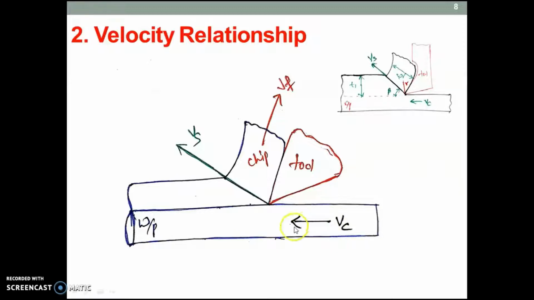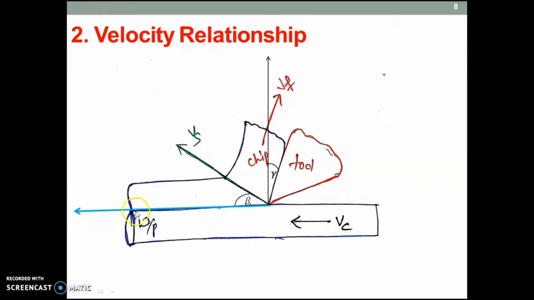So if we want to trace all three velocities to a single point, suppose this is the intersection point, then it looks like this. Before that, just see here gamma, the back rake angle, and beta, your shear angle. Now you want to trace all three velocities into a single point. If you take Vc here, it looks like this.